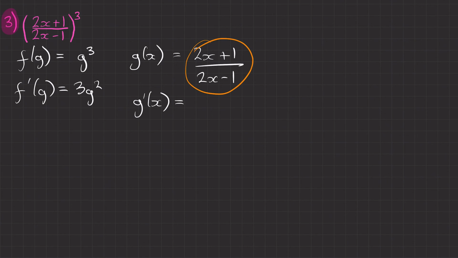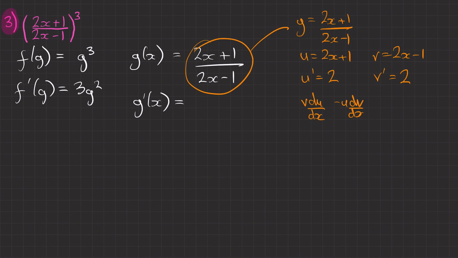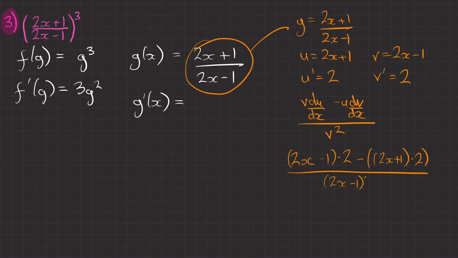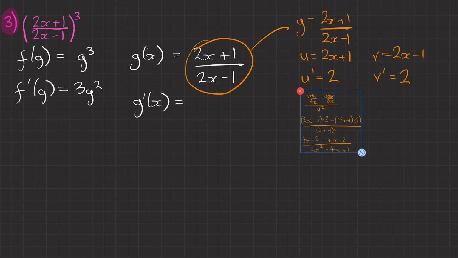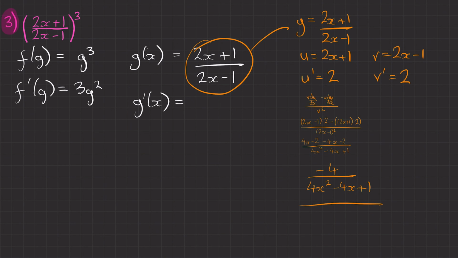So I'm actually going to take this question, pop it over here and work it out separately. So we're left with minus 4 all over 4x squared minus 4x plus 1. And then you'd carry on with the chain rule as you normally would.